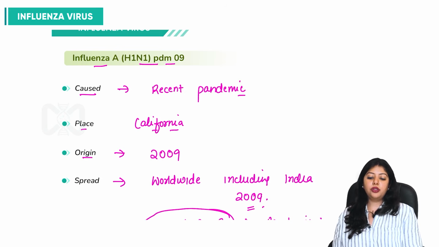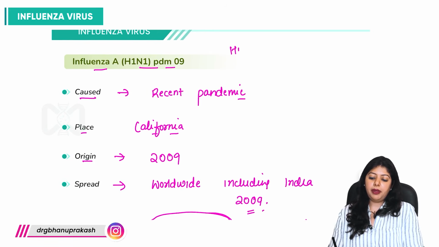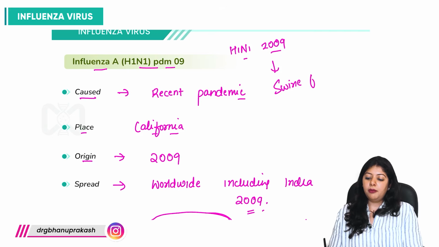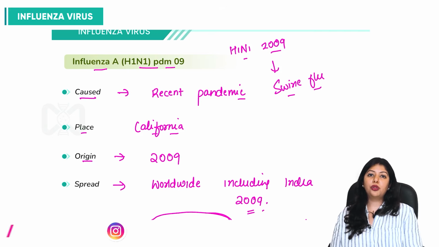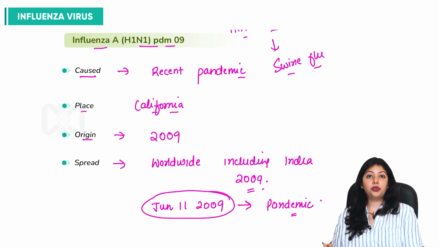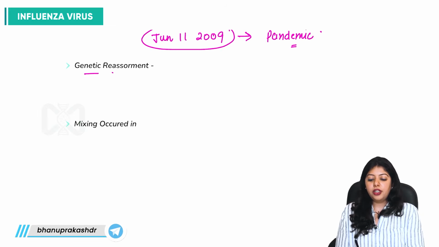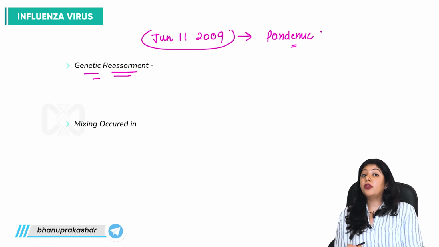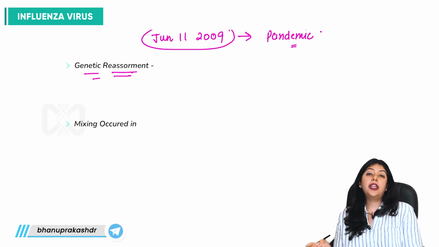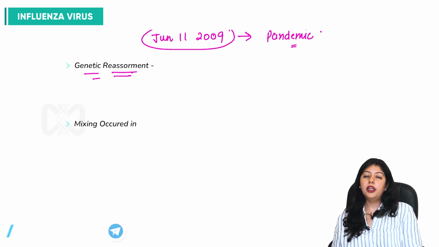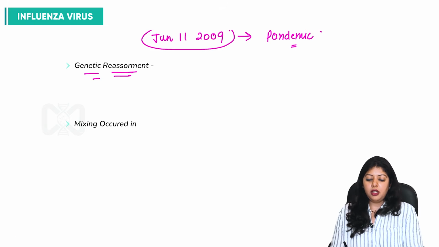So most of us know that the H1N1 pandemic 2009 was said to be swine flu. But swine flu is a misnomer when we talk about the H1N1 2009 pandemic strain, because it occurred because of genetic reassortment. So what reassortment took place? Which were the animals or humans associated with genetic reassortment?